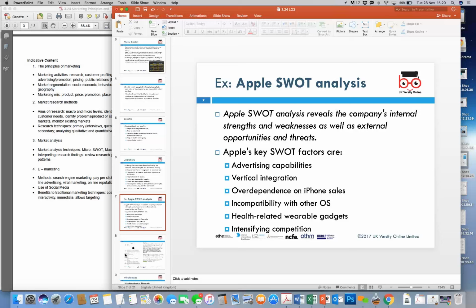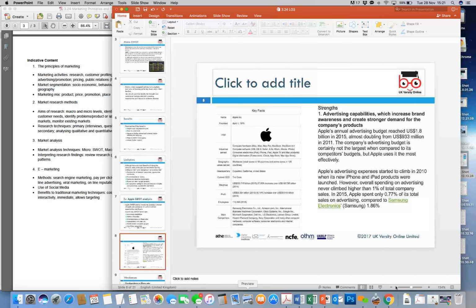Because of their business expanding, they're advertising more, and they're trying to integrate or buy companies to bring in more services and products, like they bought the headphone company a couple of years back. So we're going to pick up one of the factors to look at in the SWOT analysis as far as Apple is concerned.